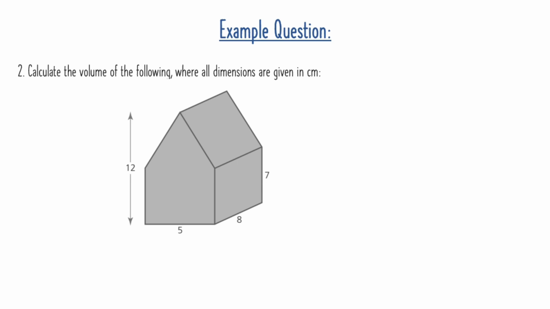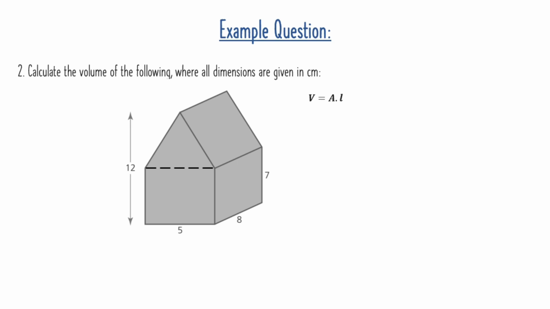The front face of this prism has two parts, a triangle at the top and a rectangle at the bottom. So if we want to calculate the volume of this prism, we are going to calculate the area of the triangle and the area of the rectangle and add these two areas. So let's look at the triangle at the top.